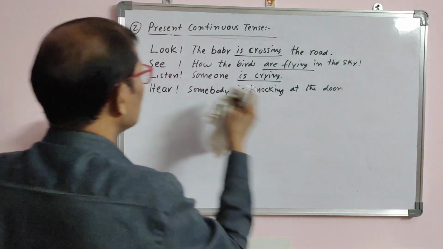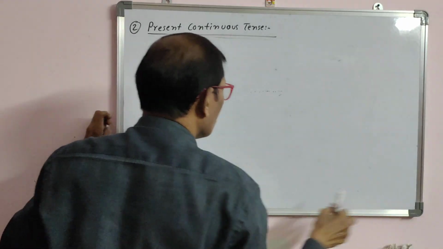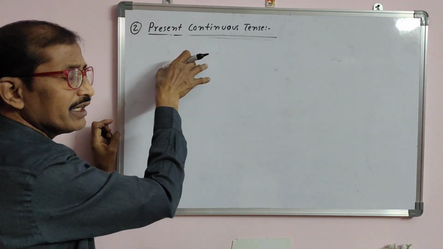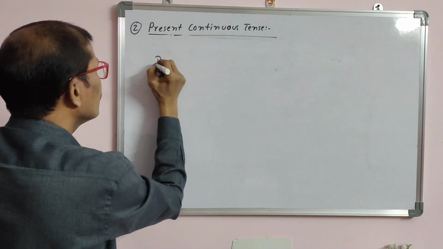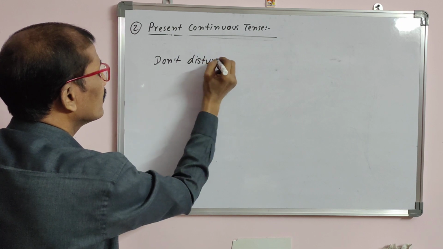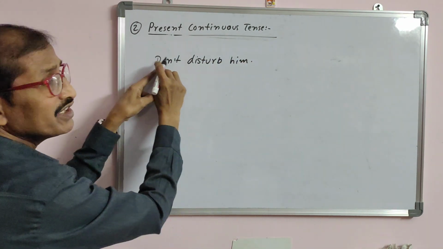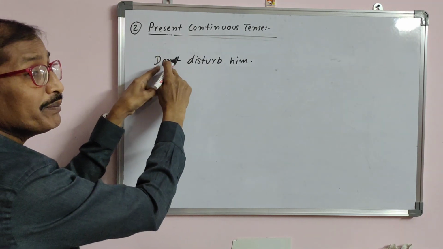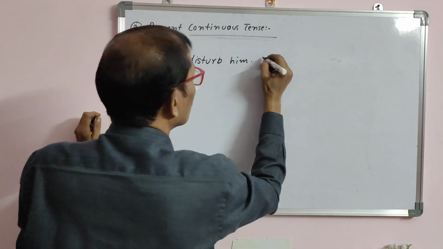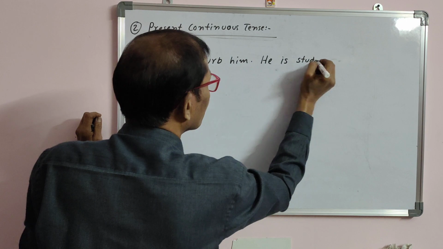And also, let us check some more uses of present continuous tense. It is used when an imperative beginning is there. Imperative means, for example, don't disturb him. Don't disturb him. This is simple present tense. With imperative, it is called a command or order. Okay, he is studying.